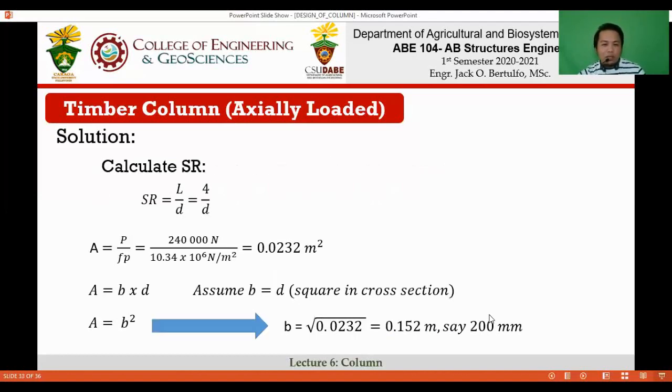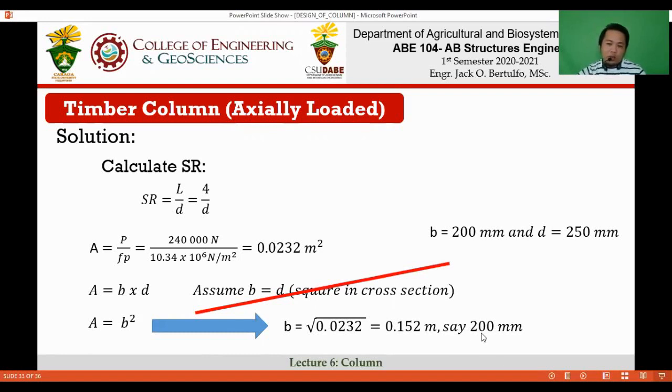So how to redesign? Let's go back to the first one we did. Again, the same, but this time we will not assume that it is a square cross-section. Instead of 200 for our B, neglect this equation we solved. Our first equation was B equals 200, but this equation is not true if we use this.